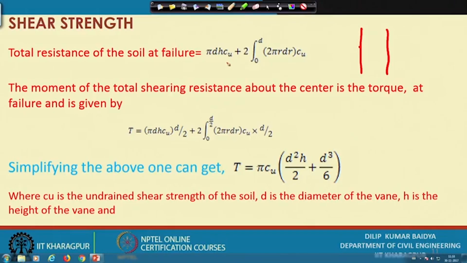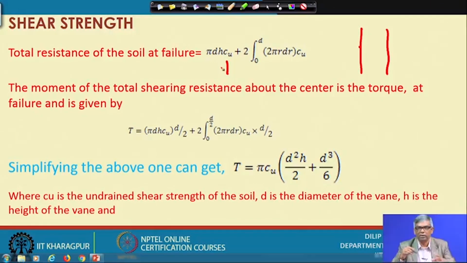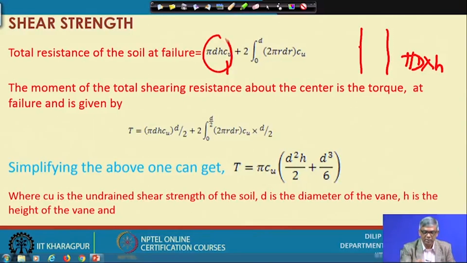If I consider the undrained shear strength as Cu, then what will be the force? The perimeter is pi times d, and if I multiply it by h, it will be the total surface area of the cylindrical surface. And if the undrained shear strength is Cu, Cu multiplied by the surface area will become the shear force.